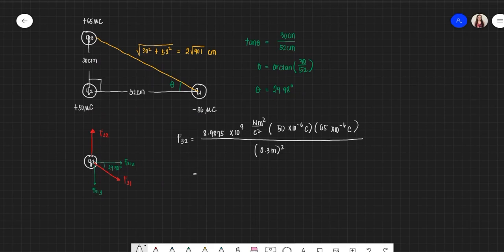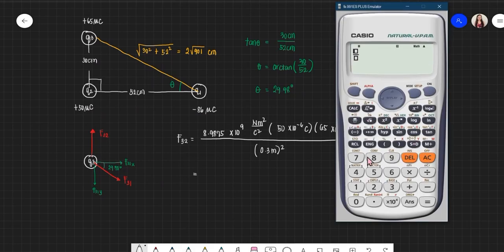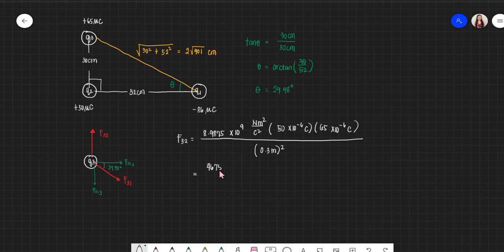So the force exerted by 2 on 3 is 8.9875 exponent 9 times 50 exponent negative 6 times 65 exponent negative 6 divided by 0.3 squared. And that is equal to 46735 over 144 newtons.